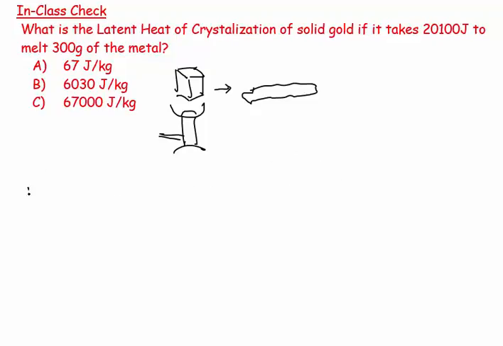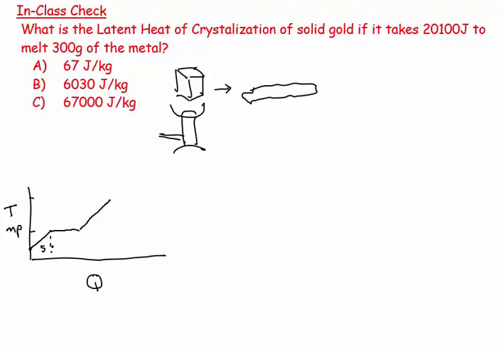And let's just remind ourselves of another thing. If we plot a graph of temperature versus heat, and we start off with a solid, what happens is as we add heat to the solid, its temperature rises until we get to its melting point. And then the material melts, and when it's all melted it starts getting to be a higher and higher temperature liquid.